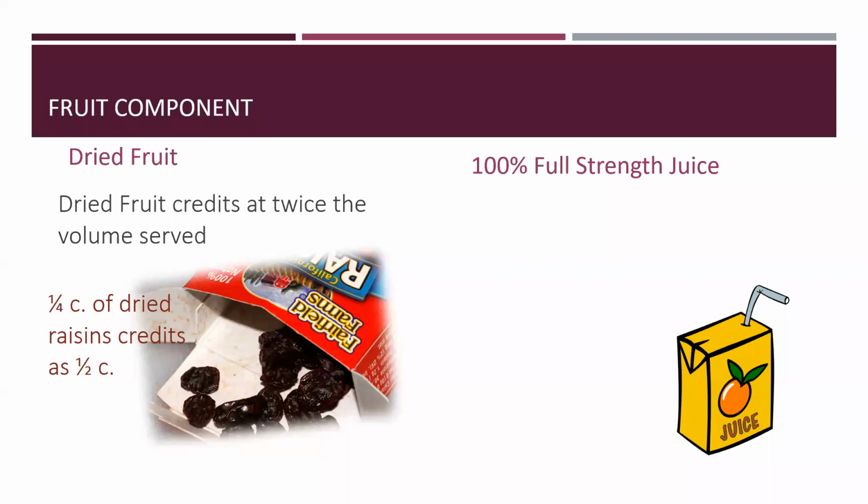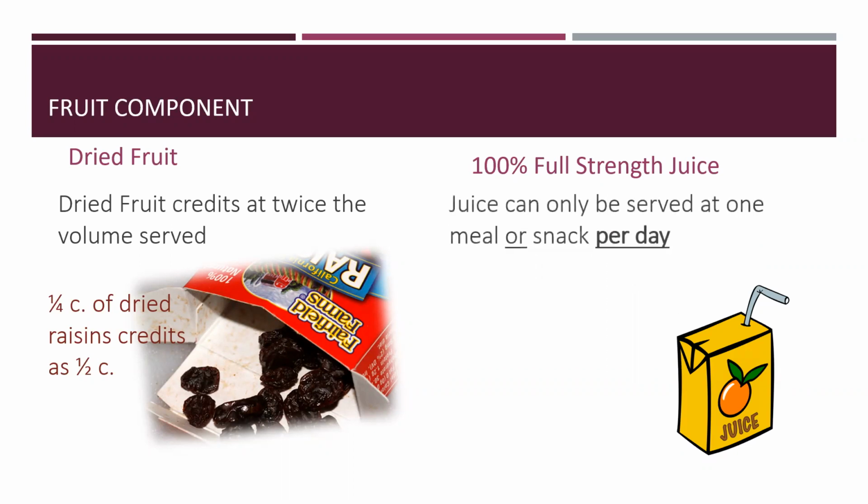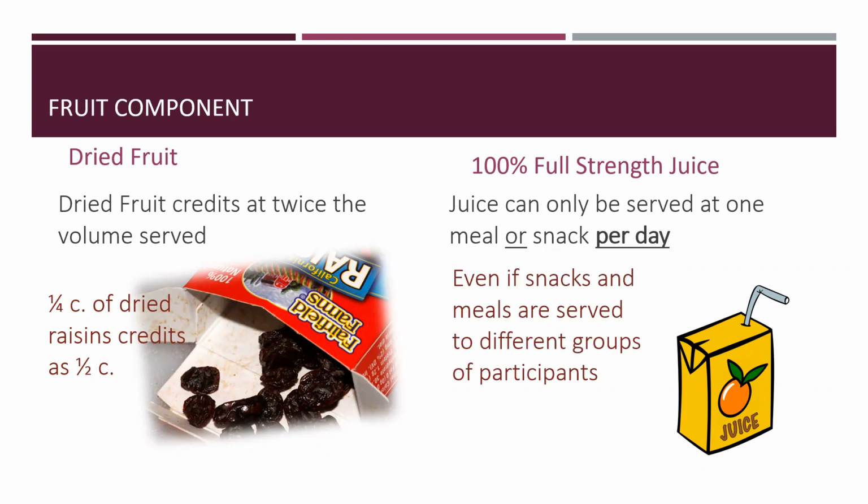This rule sometimes gets confusing as menu planners think because a completely different group of children may eat breakfast and an afternoon snack, that would allow them to serve juice at both breakfast and snack. That is incorrect. As previously mentioned, juice can only be served at 1 meal or 1 snack per day.